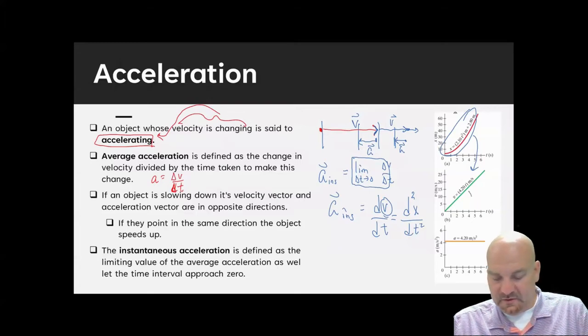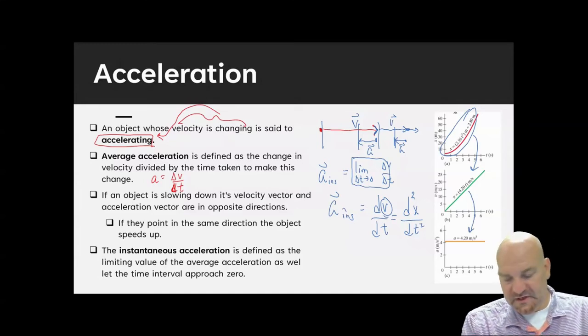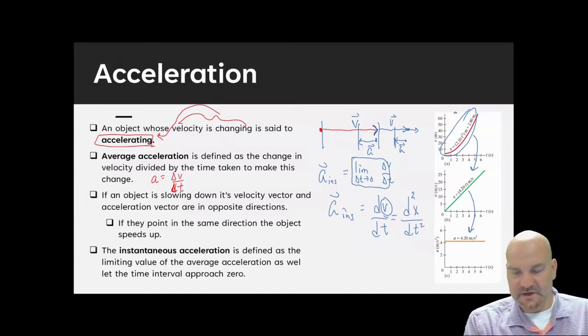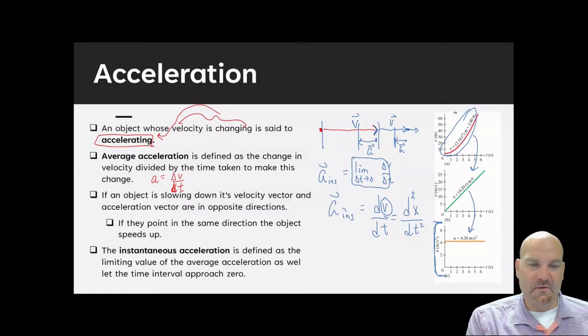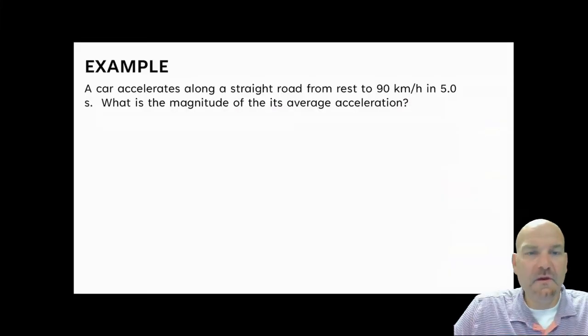Then if I take the derivative once again of v, I get the acceleration, and this is a horizontal line. You can see that the acceleration here is constant, because its graph is a flat horizontal line.